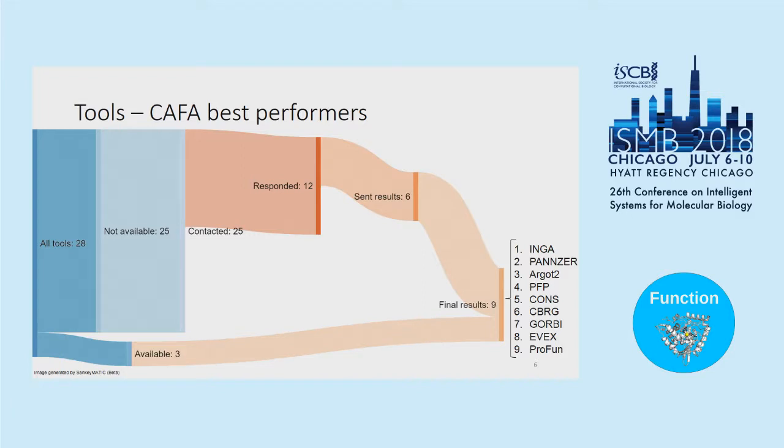So we contacted 25 authors and sent them a list of sequences and asked them to give us the output of their tools. 12 authors responded, and 6 out of 12 authors gave us their results. So we finished with 9 tools, which are mentioned here.